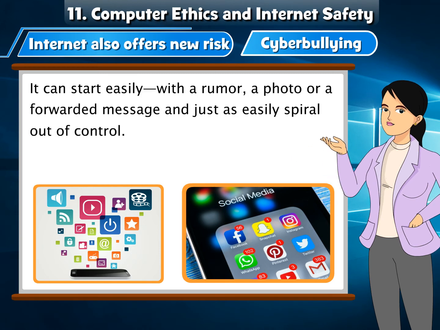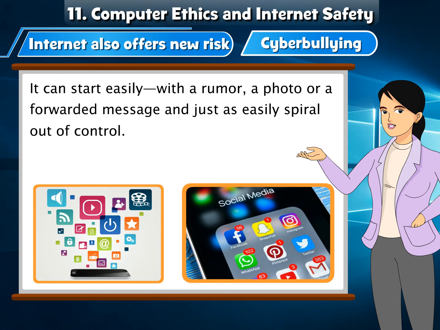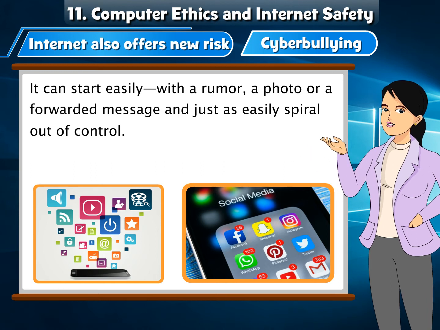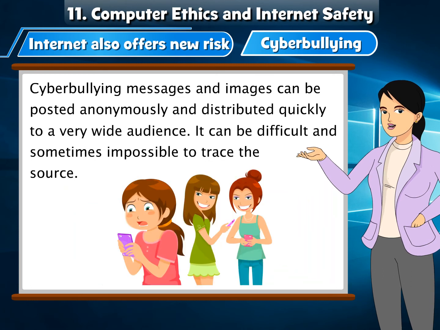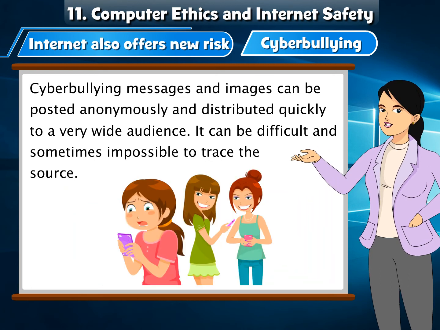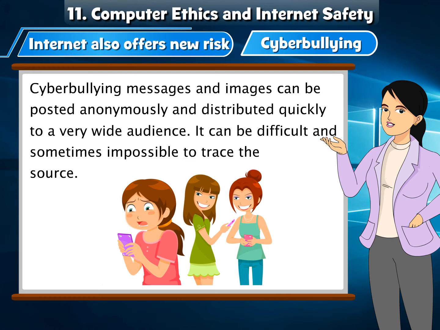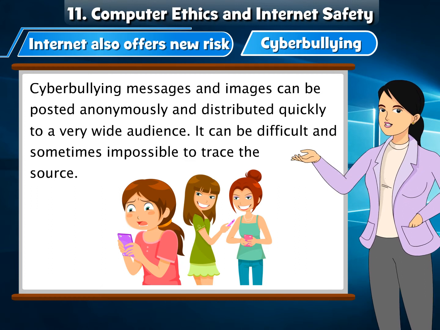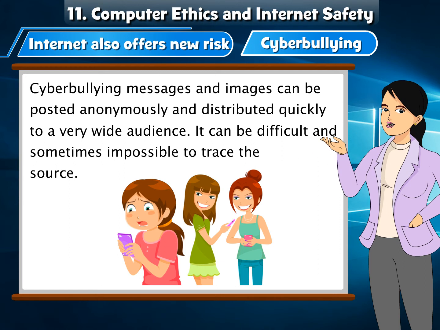It can start easily with a rumor, a photo, or a forwarded message, and just as easily spiral out of control. Cyberbullying messages and images can be posted anonymously and distributed quickly to a very wide audience. It can be difficult and sometimes impossible to trace the source.